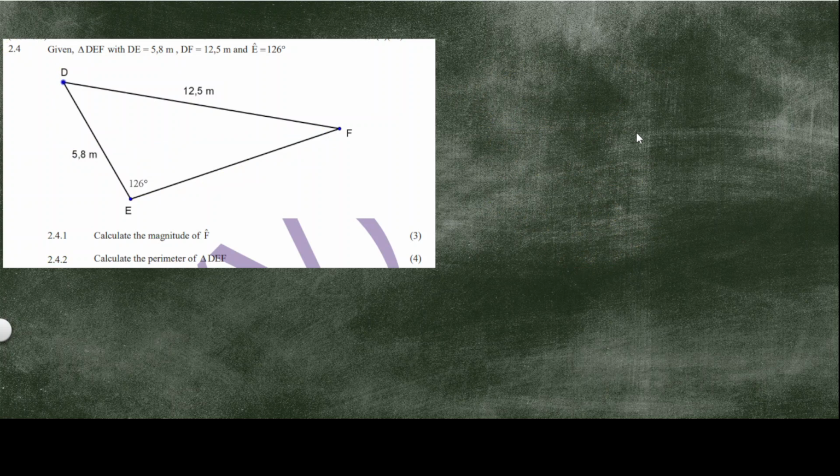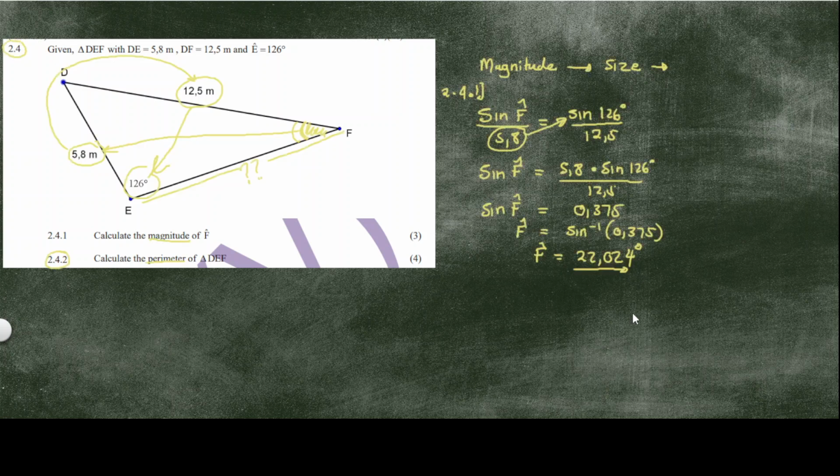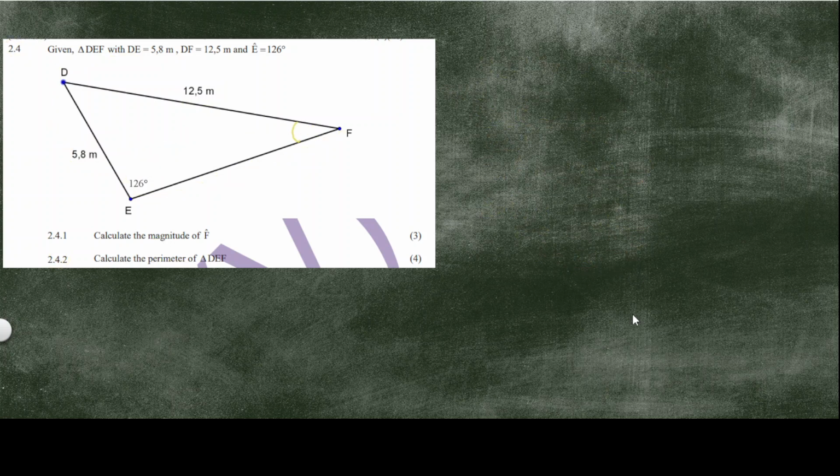We're still going to use the sine rule to find the EF. We just calculated angle F, and we got 22.024.